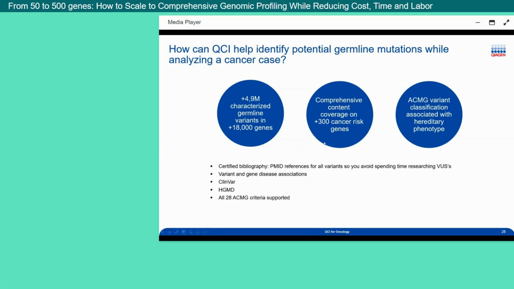In addition, HGMD and ClinVar are included as additional evidence to determine disease-causing variants. And to determine if a variant is indeed pathogenic and associated with a hereditary phenotype, QCI supports the computation of all 28 ACMG criteria.